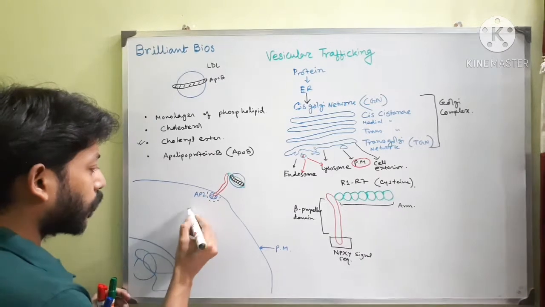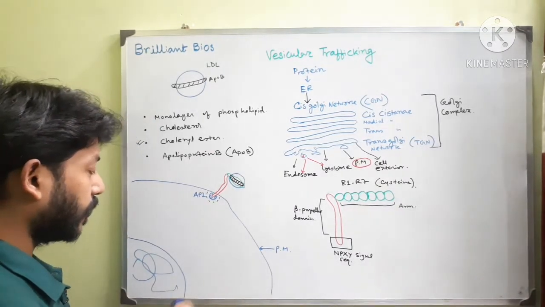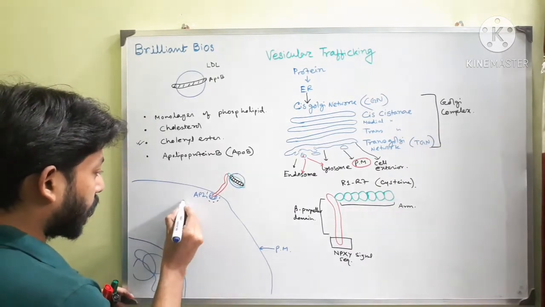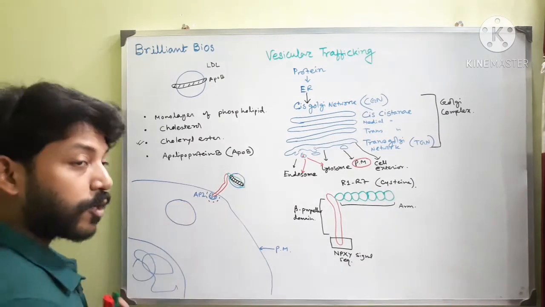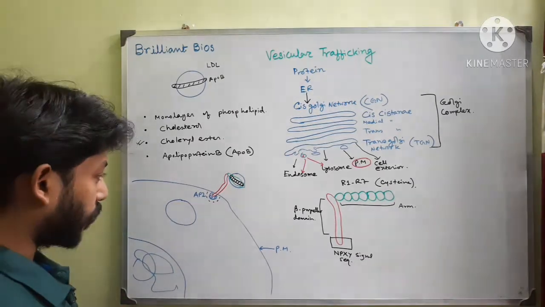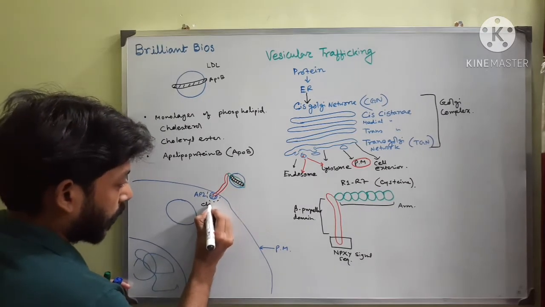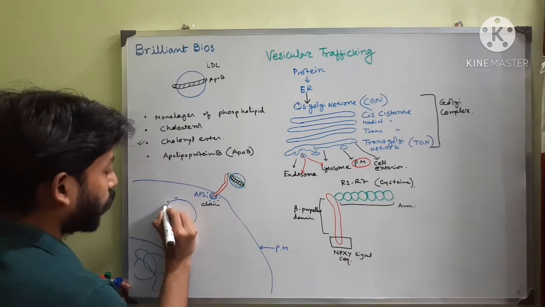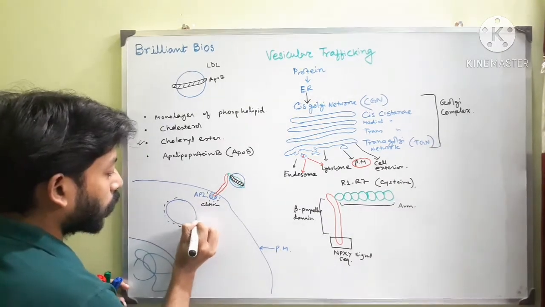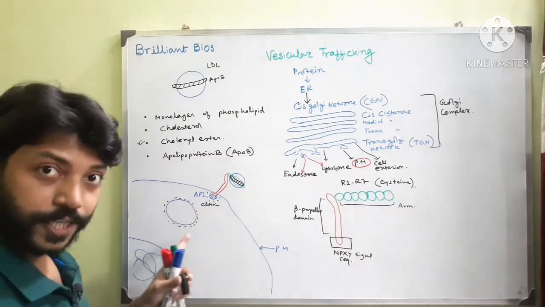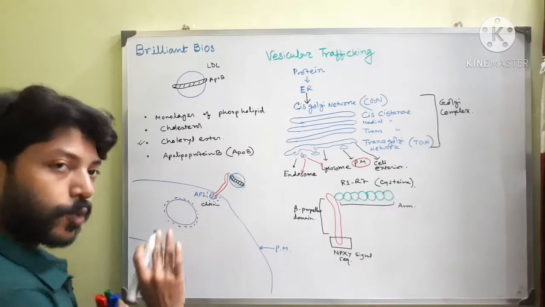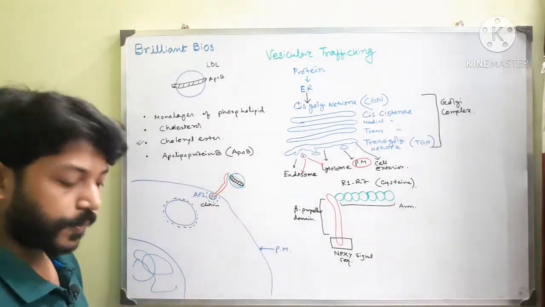So now let's suppose these endocytic vesicles enter inside the cell. Now the endocytic vesicle is actually wrapped by clathrin protein. So this is the clathrin. The clathrin protein coats the vesicles called endocytic vesicles, and there is AP protein, and also these receptors are present here.